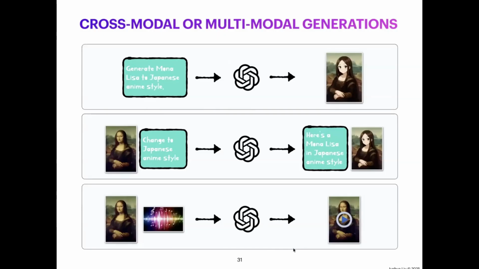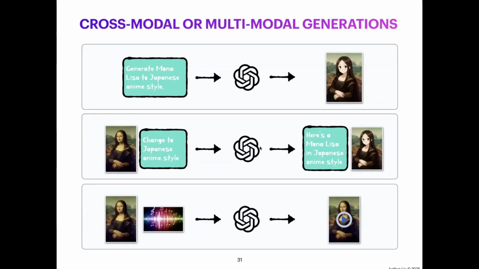How about the inputs? So just now it took in a text prompt and generated an image. And we can also do image plus text to generate image plus text. So here, instead of asking ChatGPT to directly generate a Mona Lisa in a Japanese anime style, we can pass in the original Mona Lisa or a photo of our own and ask ChatGPT to change our own photo to a Japanese anime style.